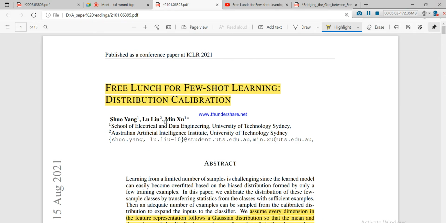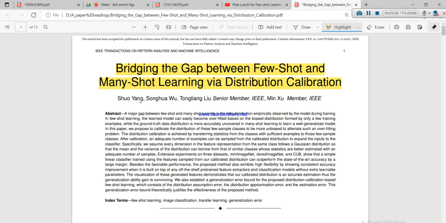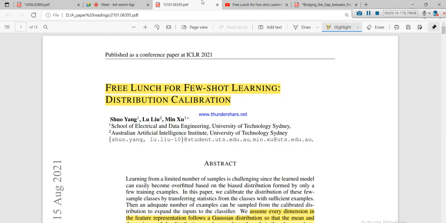Xiu Yang Li, Lu Liu, Minju. Shu Yang, yeah, he's the same author, and these are different authors. Okay, so the main author is Shu Yang. Both papers are published by Shu Yang with the supporting team, right?